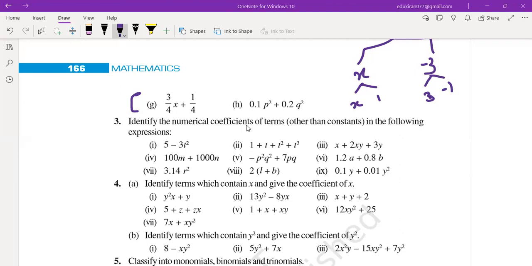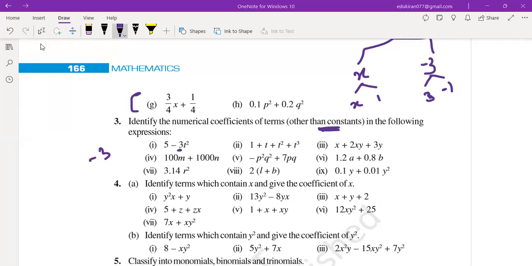So over here, numerical coefficient you have to find. So numerical coefficient means what? The number. Yes. So over here, numerical coefficient would be this, -3. You don't have to go for constant. You cannot write 5 as a coefficient. Only the ones which are with the variable.